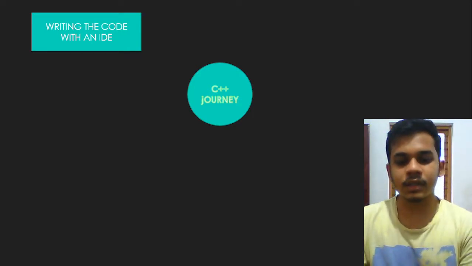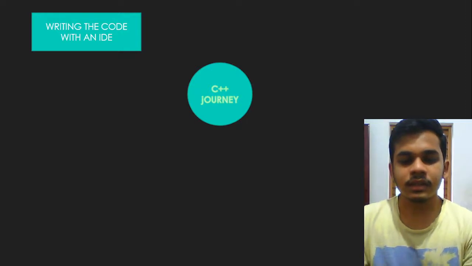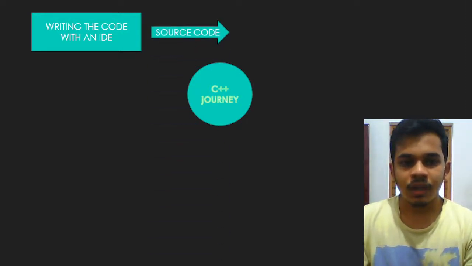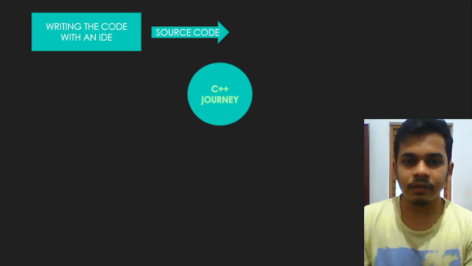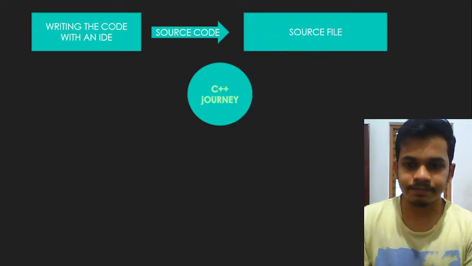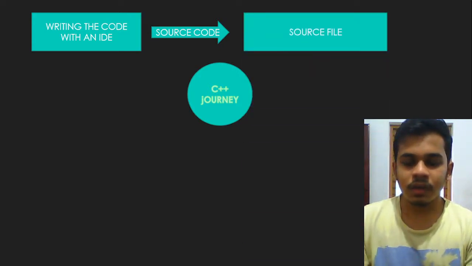When we write something in a file, this file is called source code. Now we convert this source code into a source file by combining all the source codes together. Once we combine everything into a source file, then it's time for compilation. So we use a compiler.